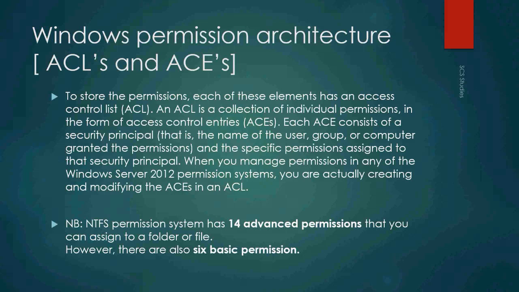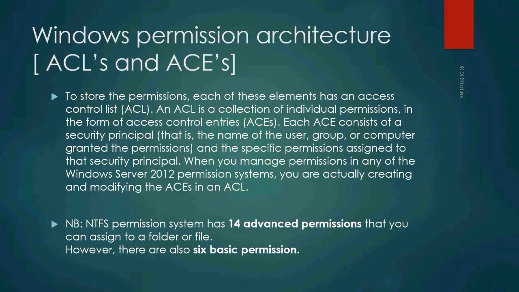ACL stands for access control list, and an ACL is a collection of individual permissions in the form of access control entries. That means if you want to add a single group or user to the ACL, that user or group will be an ACE. These are the access control entries.